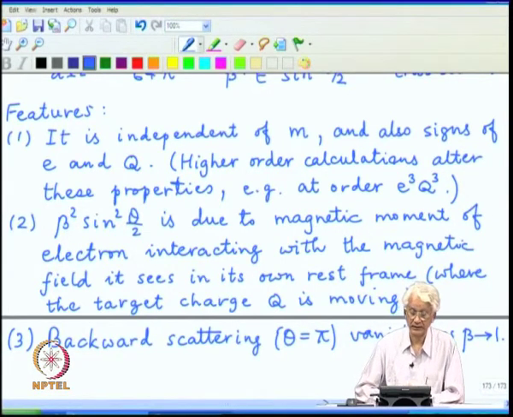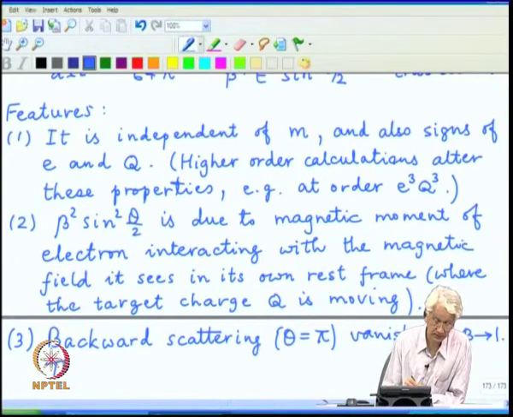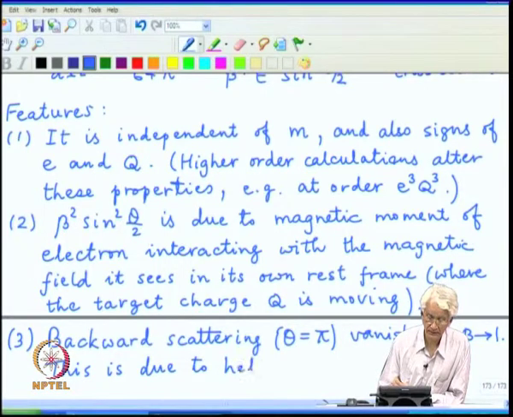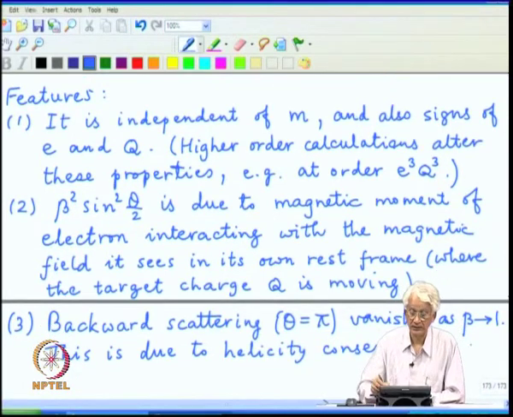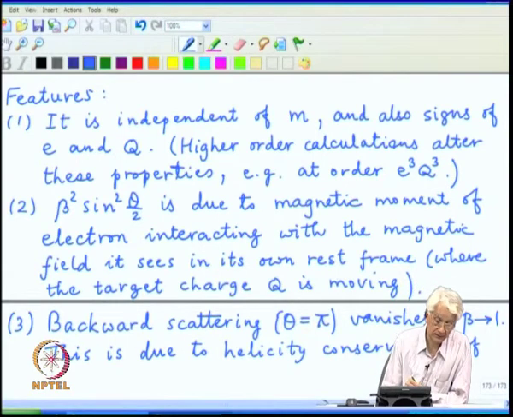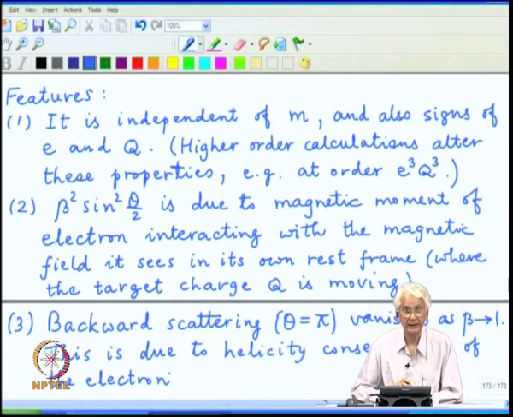And this also has a meaning, because this is due to the helicity conservation of the electron. When beta goes to 1, the helicities are essentially decoupled from each other.